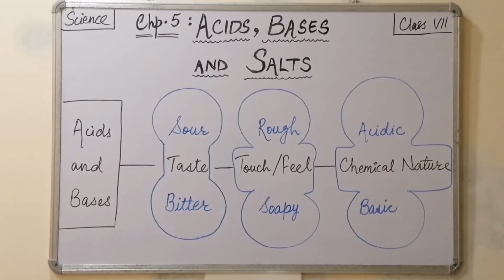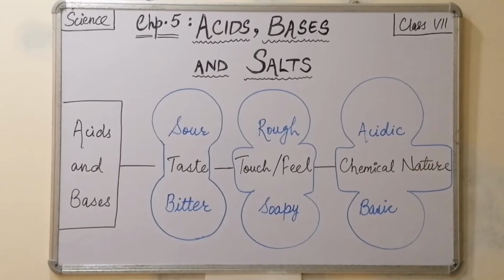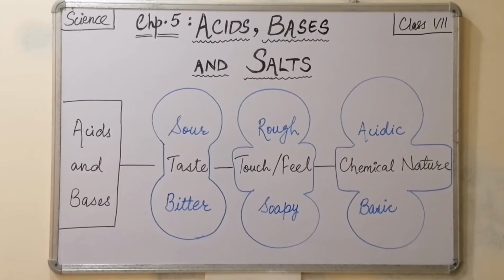I have already told that we can simply identify acids and bases by taste and by touch, or how they feel. The acids are sour in taste whereas the bases are bitter in taste. Acids feel rough when we touch them. The bases feel soapy or slippery. The chemical nature of acids is acidic, whereas the chemical nature of bases is basic.